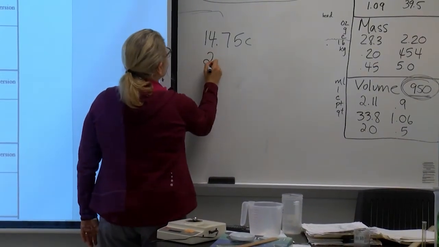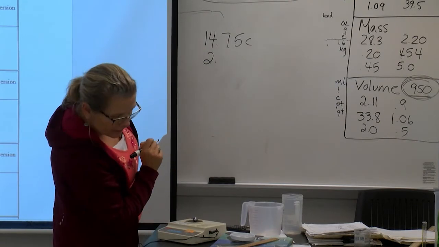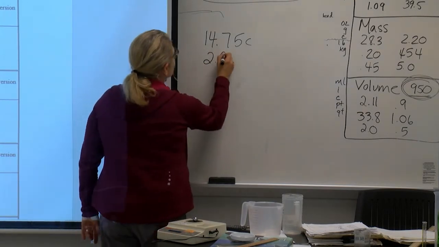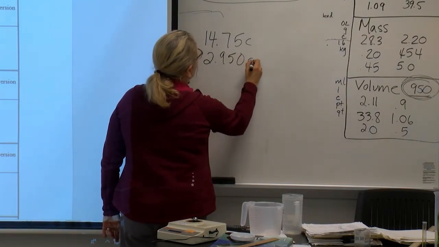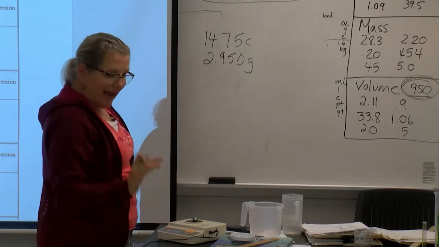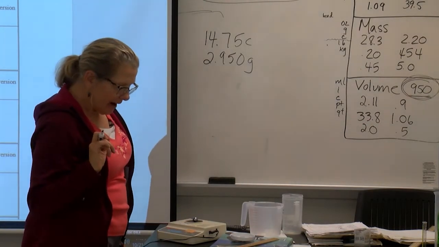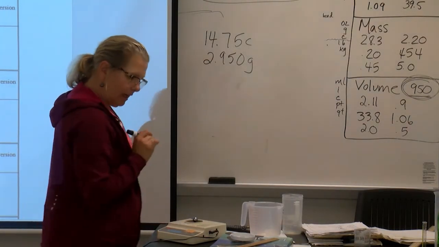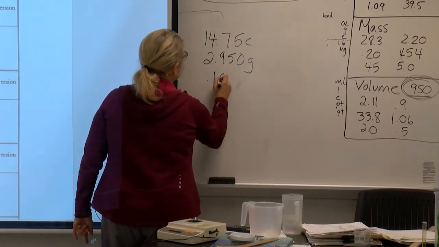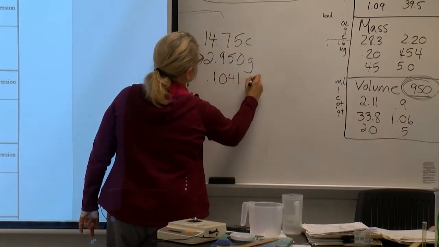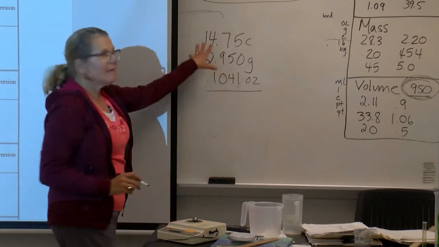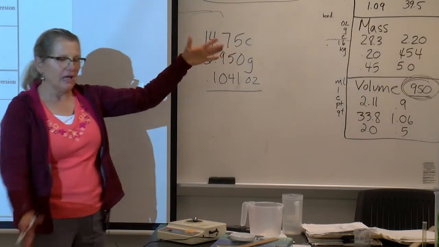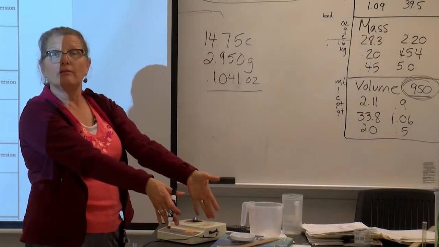I'm going to change this now to grams. That bead weighs 2.950 grams. Now I'm going to change it to ounces. That bead weighs 0.1041 ounces. Look at these numbers. How many significant figures? This is an expensive scale.